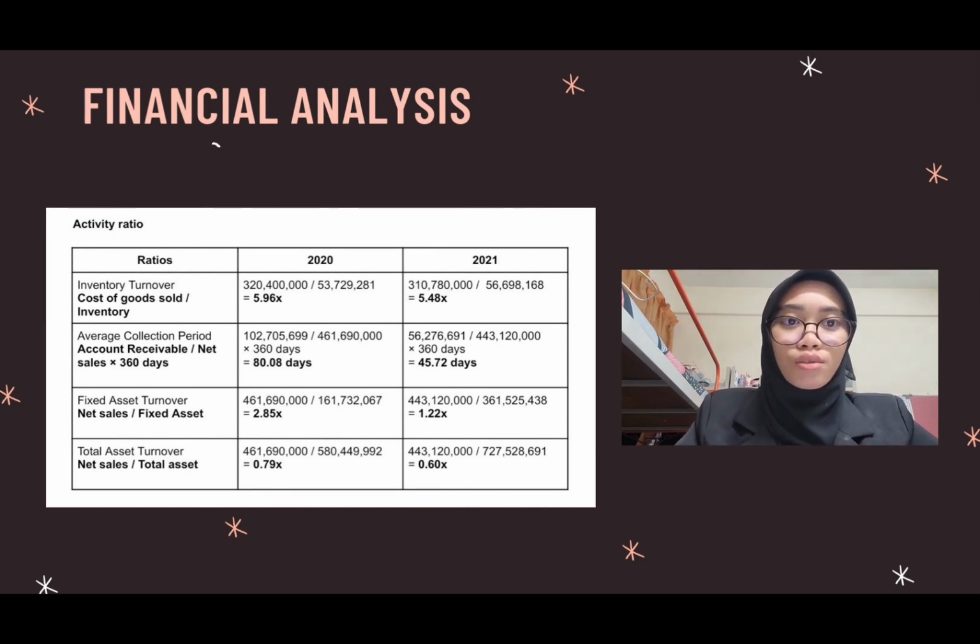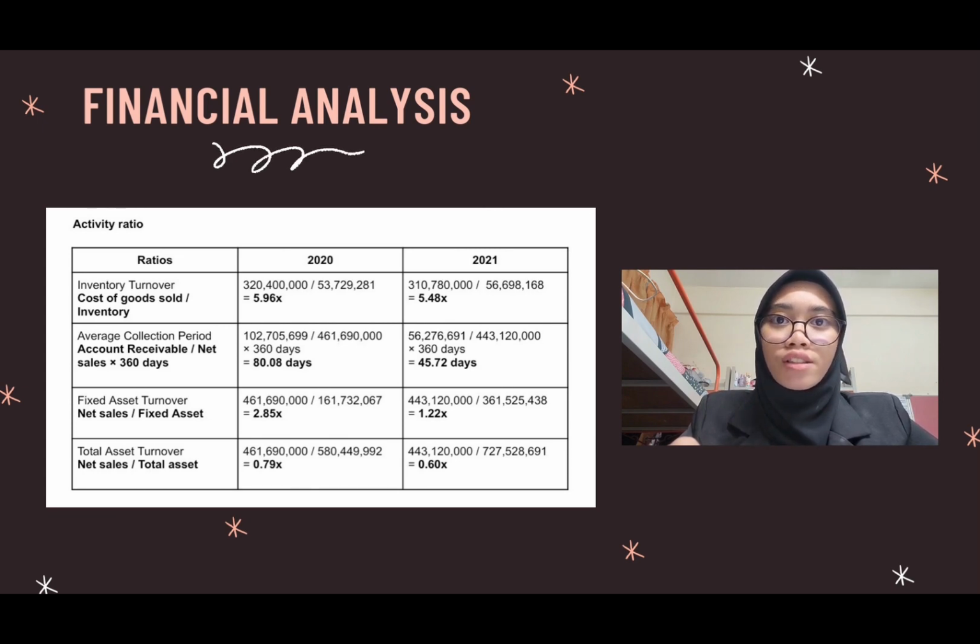For the year 2020, 102,705,699 divided by 461,690,000 multiplied by 360 days equals 80.08 days.